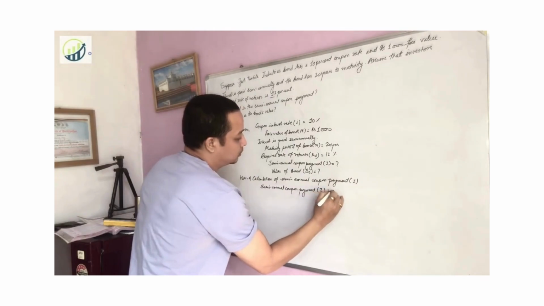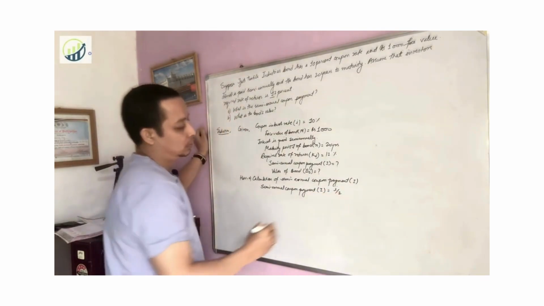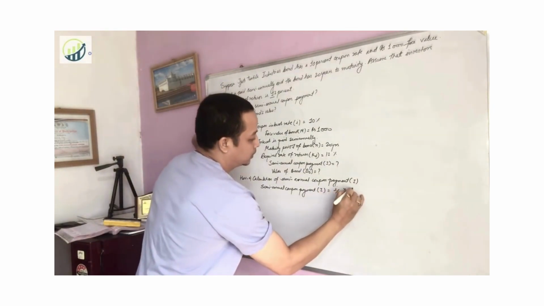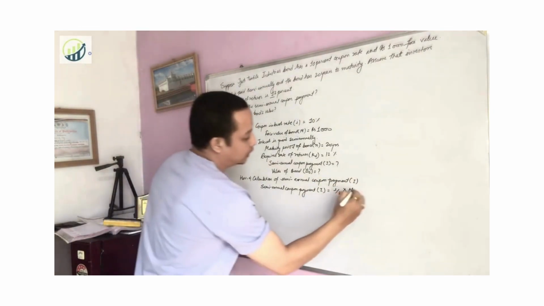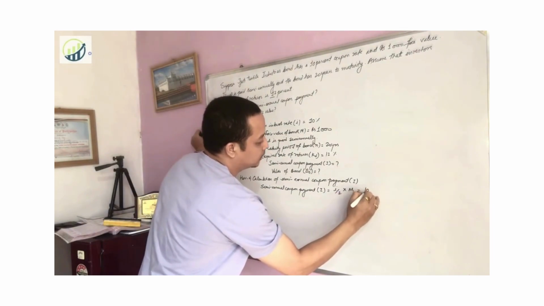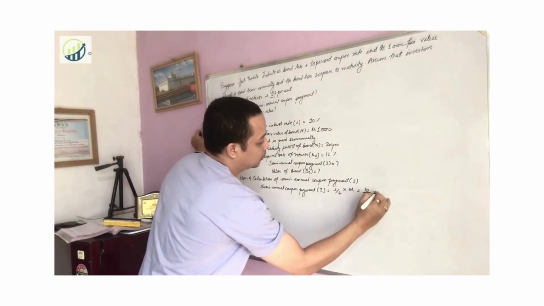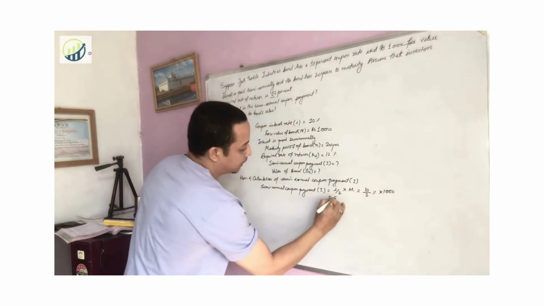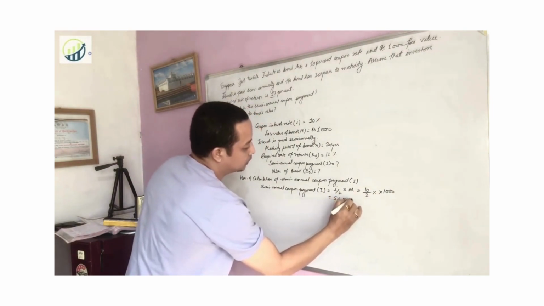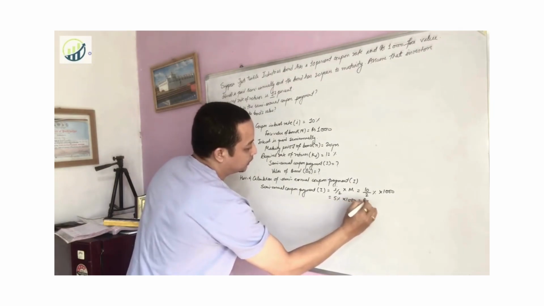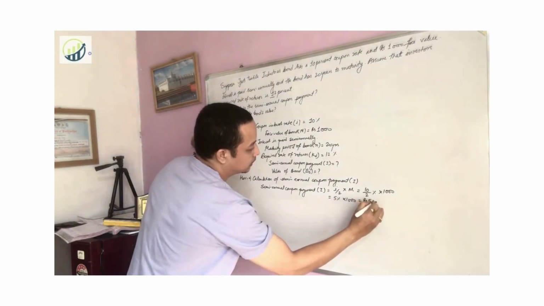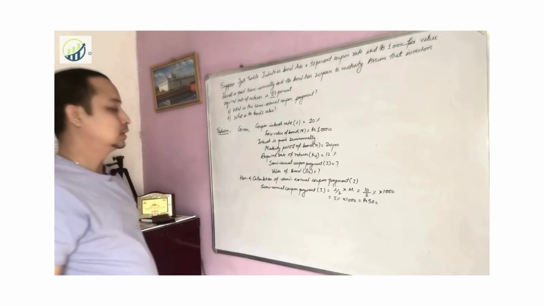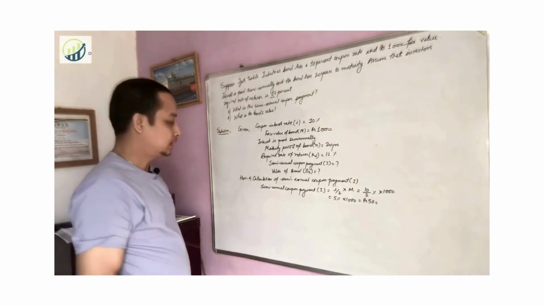I equals interest rate divided by 2, into face value. So your interest rate is 10%, which is divided by 2, into 1000. That is your 5% into 1000, that is your rupees 50. Rupees 50 is the semi-annual coupon interest payment.